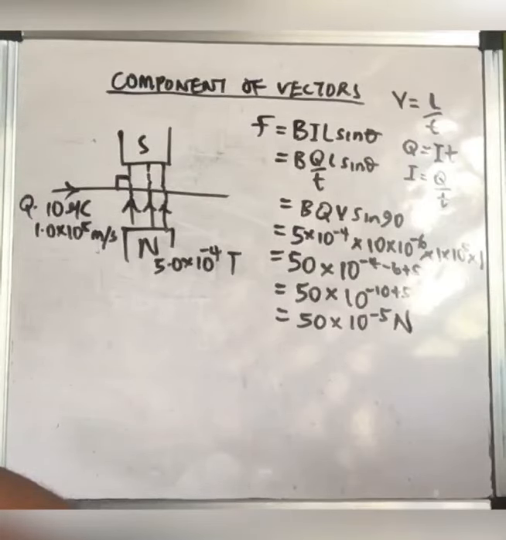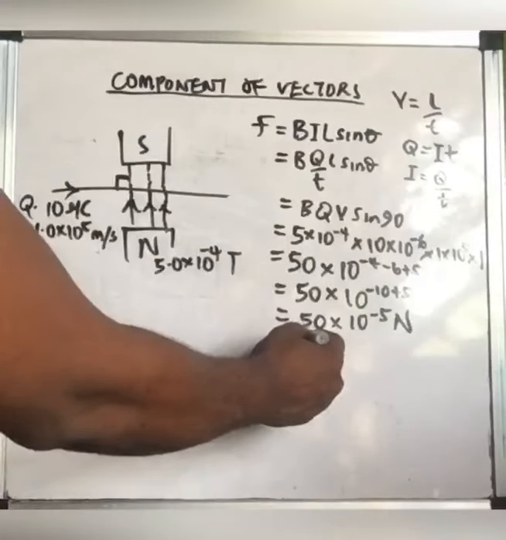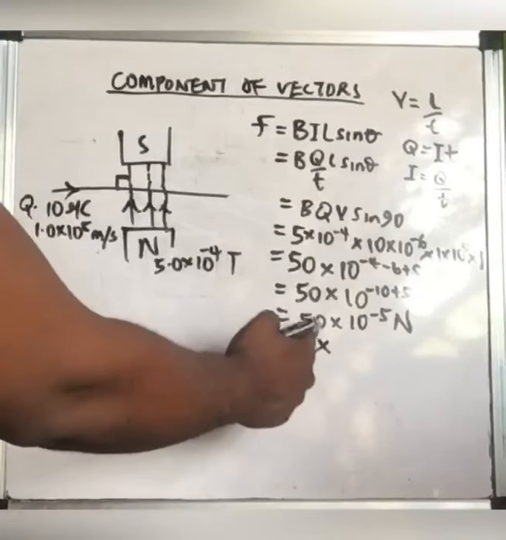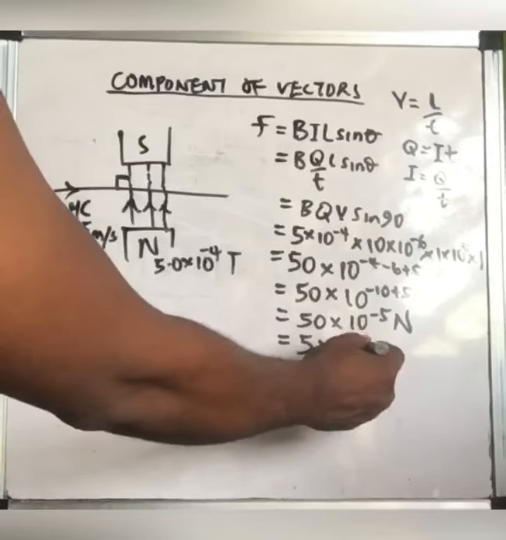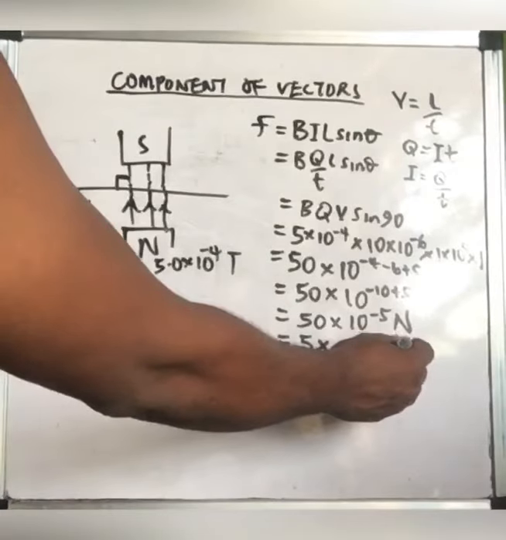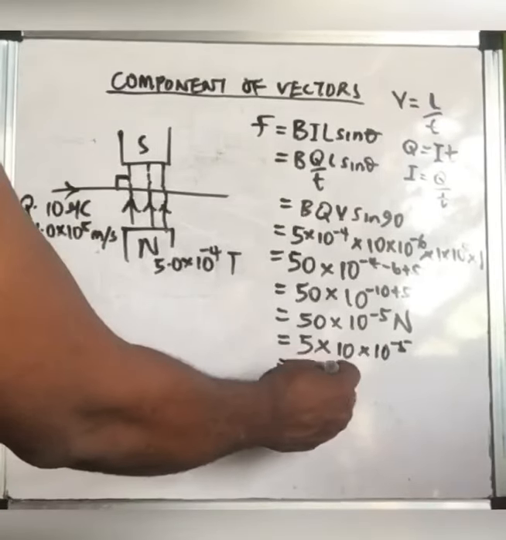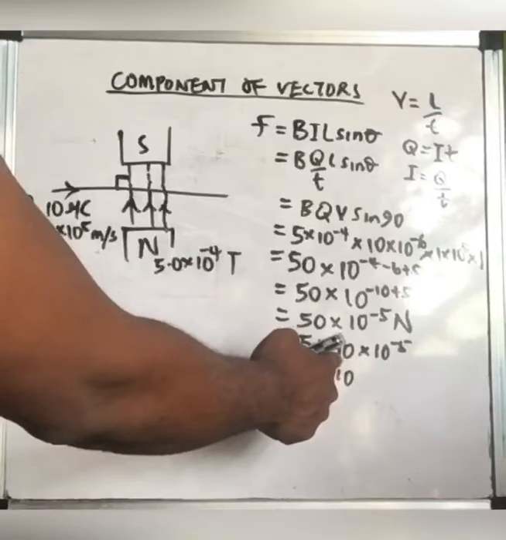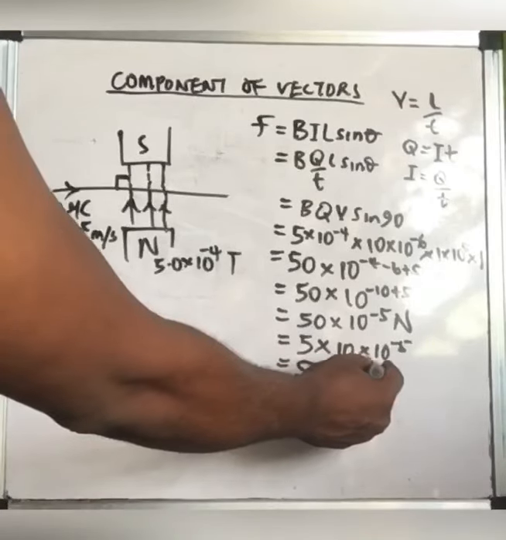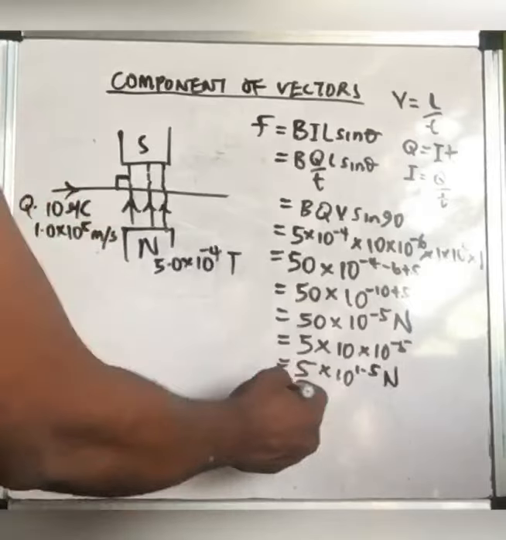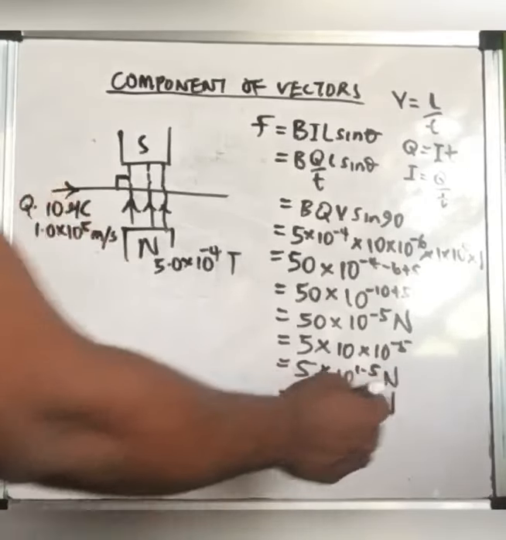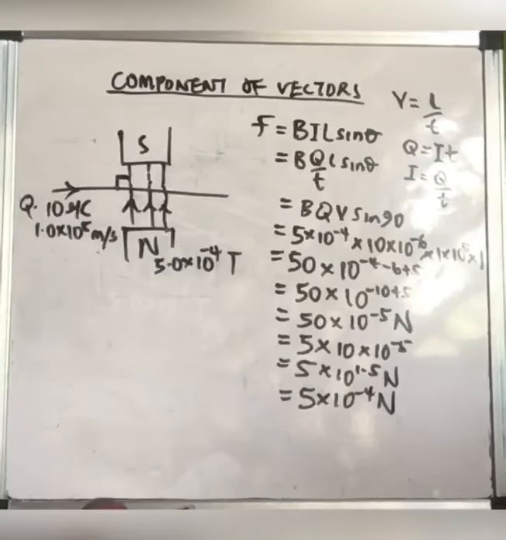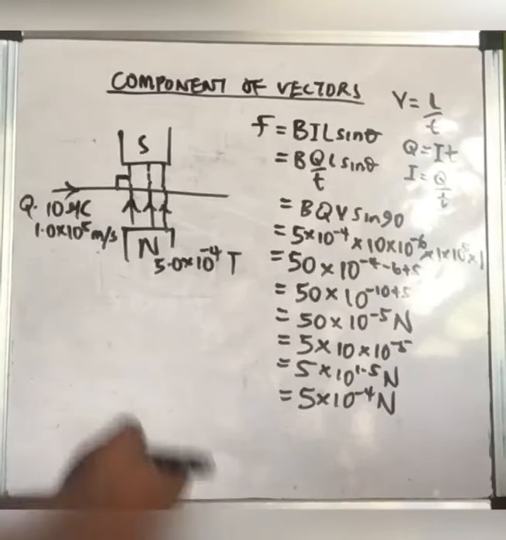Putting in standard form, we'll have 5 times 10, where 10 here has power 1, so we have 1 minus 5, which will be equal to 5 times 10 raised to power minus 4 Newton. And that's option B.